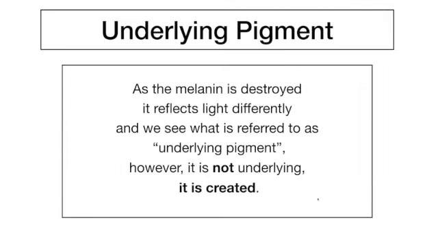As the melanin is destroyed, it reflects light differently, and we see what we refer to as underlying pigment. However, it's not underlying, it's created, and it's created by the process of bleaching or lightening melanin.